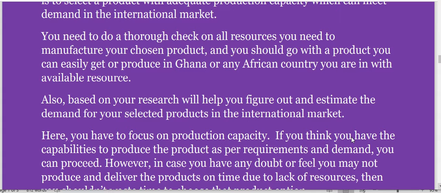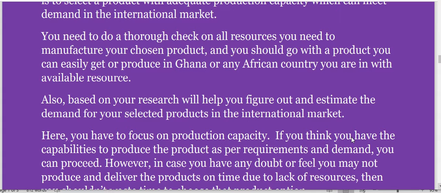You should get a product that when you use it as your niche product, the demand keeps coming, because once you follow all these steps that we are giving you in building your export business, the international demands are going to come in at a high rate. So you need to take that into consideration as well.